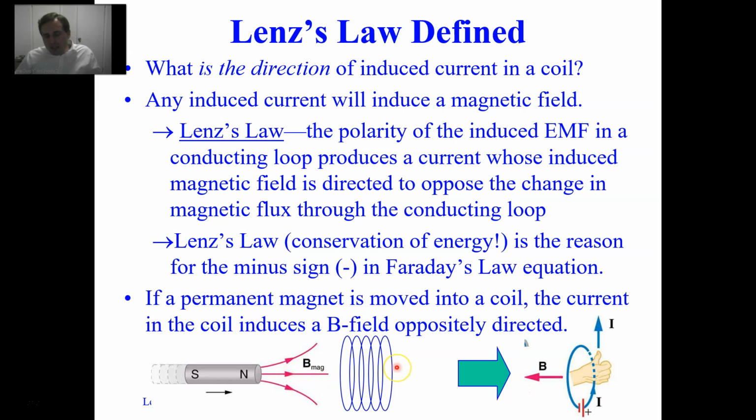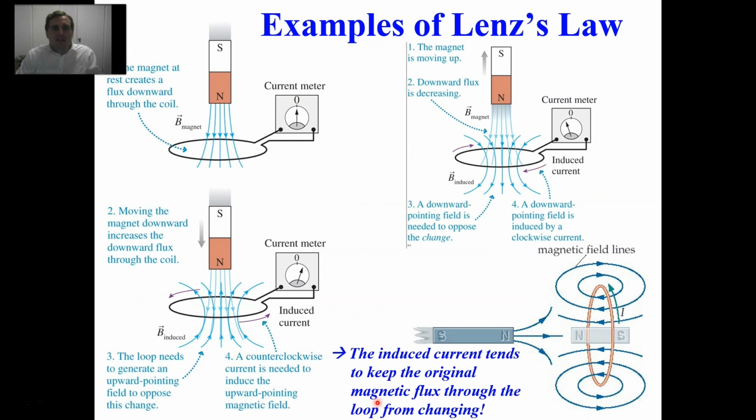So if you're increasing the field, the induced field will be to the left to resist that change. But if you pull the bar magnet out, the stubborn roommate says, hey, I already had magnetic field lines in there. Don't change anything. So these coils act to reinforce the field in the direction that B was already in. I'll show several more examples of this, but start thinking about Lenz's law.